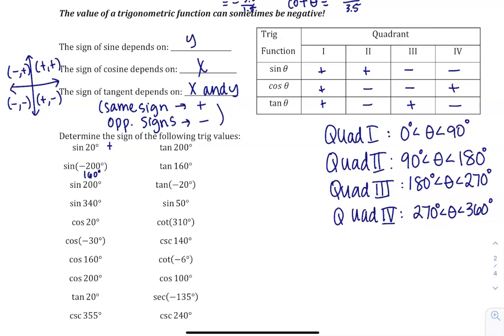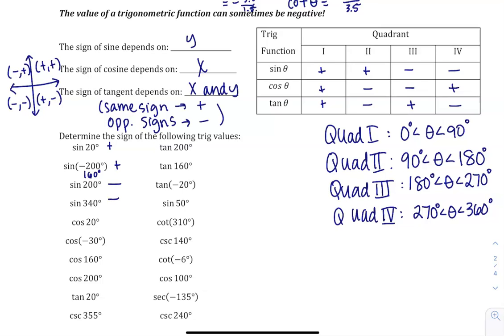So that puts this angle in quadrant 2, meaning sine will still be positive. Sine of 200, though, is in quadrant 3 because it's between 180 and 270. So we're looking at a negative and sine of 340 is between 270 and 360, quadrant 4.